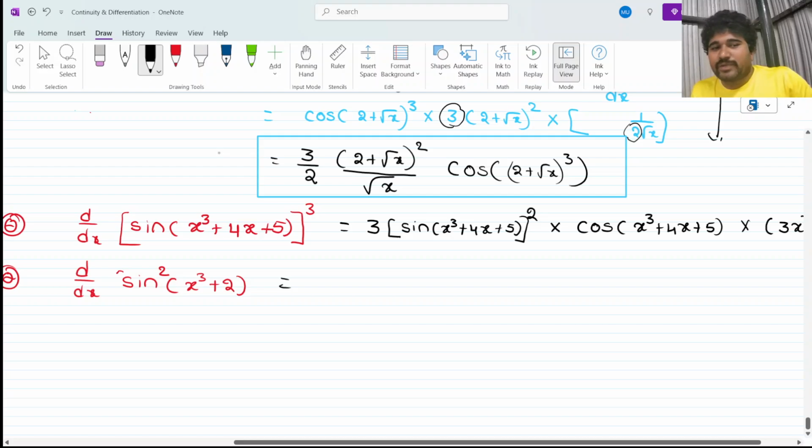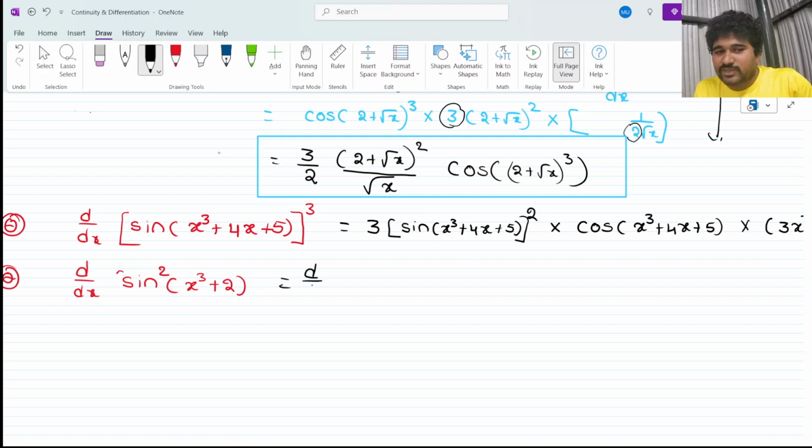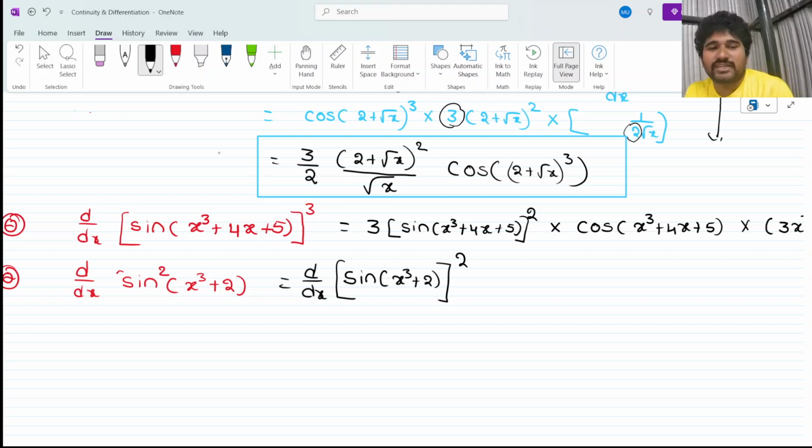For safety, rewrite this question as d by dx of sine of x cube plus 2 whole square. Keep in mind sine square is nothing but sine of something, whole square. Understand?